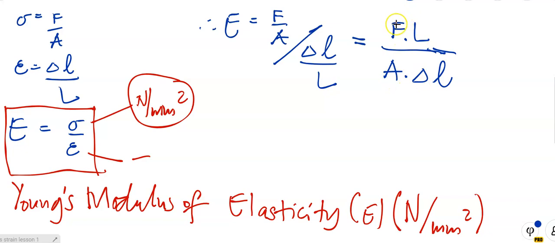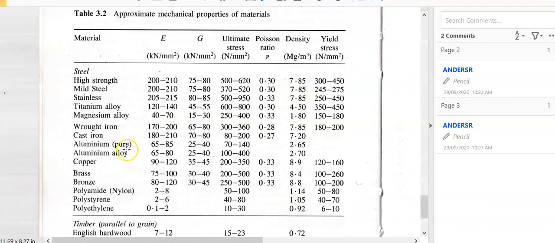Okay, so if we know the load acting on the member, and we know the original length of the member, and we know the cross-section area of the member, and we know how much the member shortens or gets longer under load, we can work out its Young's modulus. But, and that's a but with one T, this formula is seldom used like this because Young's modulus is something that we're always going to know from the table here. That's a known, that's a given.